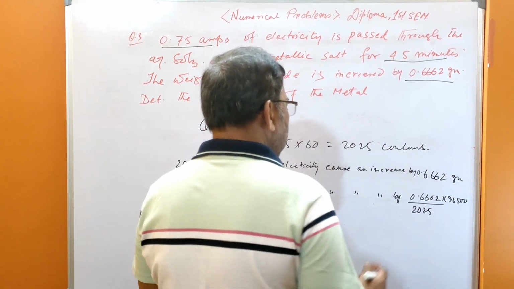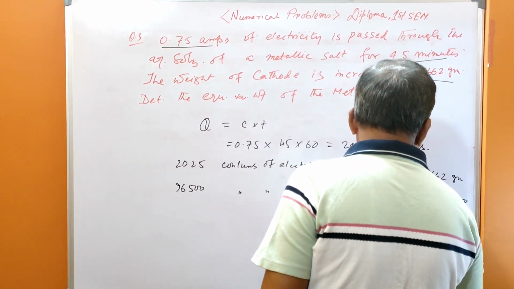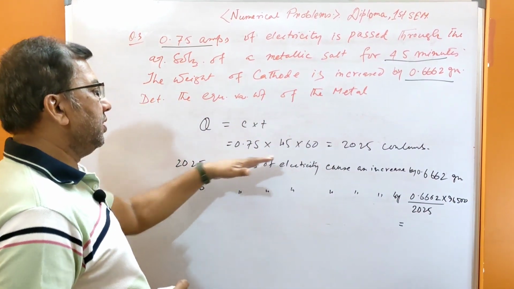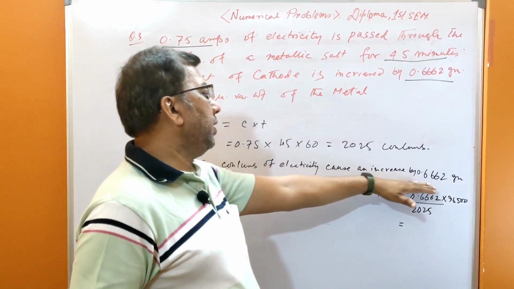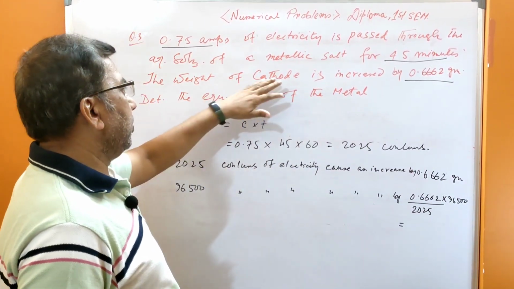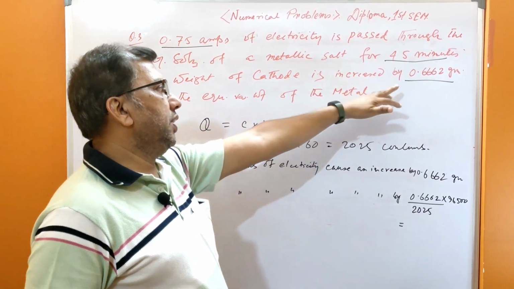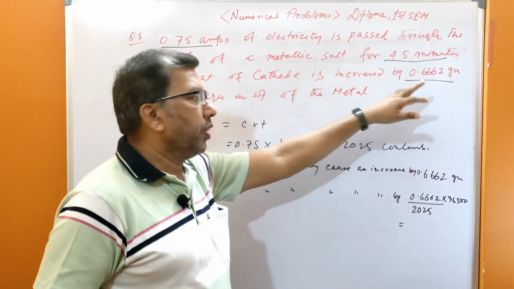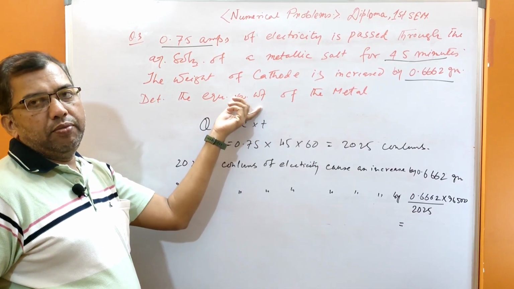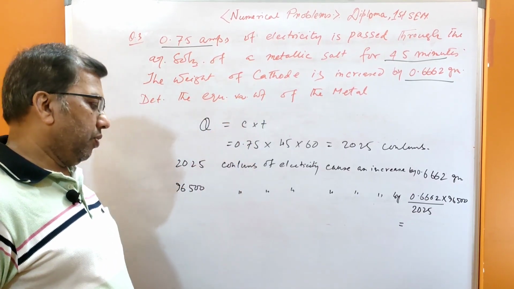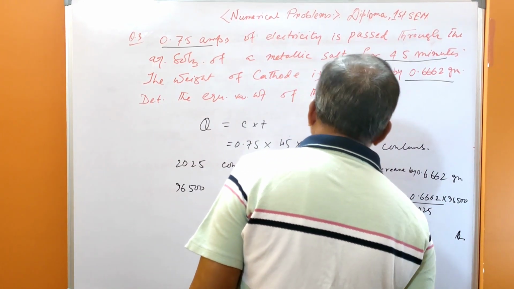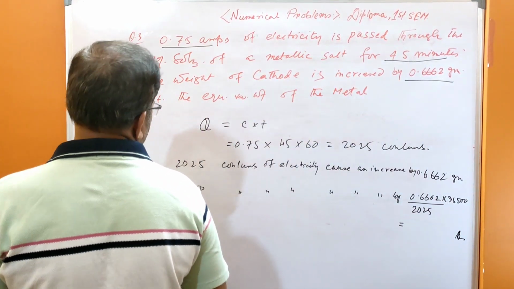Clear? Whatever the result, that is the increase in weight by 2025 coulombs, because it is given that the weight of the cathode is increased by 0.662 gram. So we have to find the equivalent weight of the metal. Clear? So calculate it and find the result.